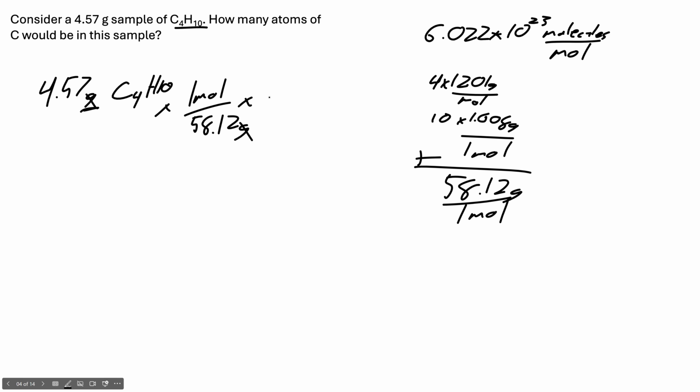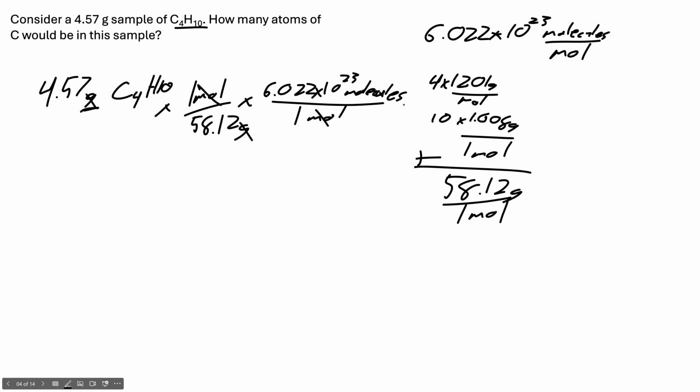I don't want moles. I want eventually atoms of carbon. So I'm going to take my molecules per mole value there, which is already in the correct orientation, per 1 mole. And that allows moles to cancel.